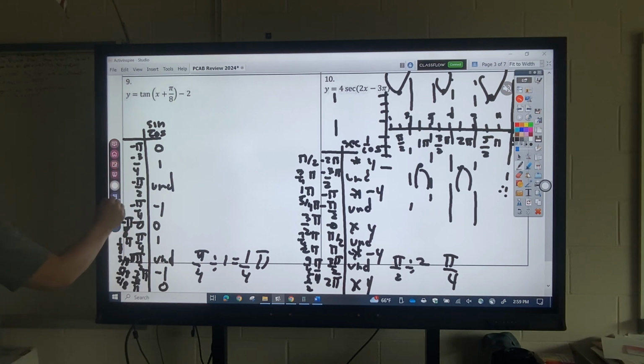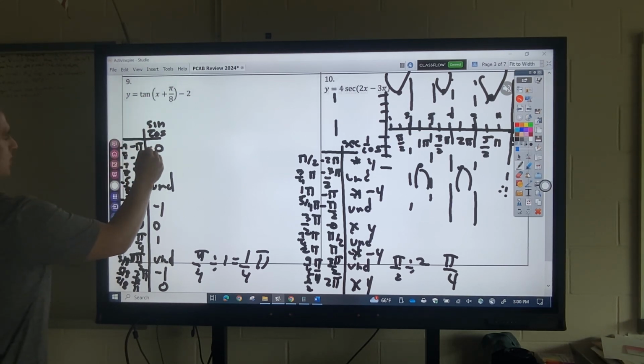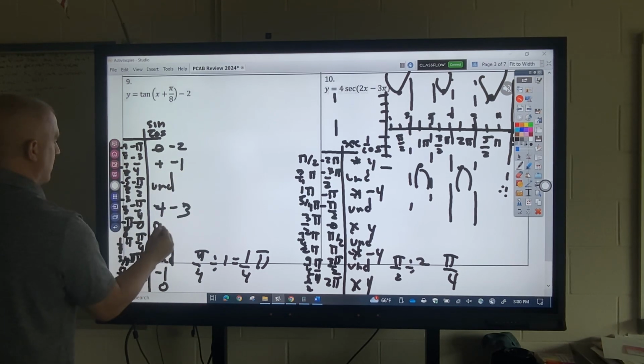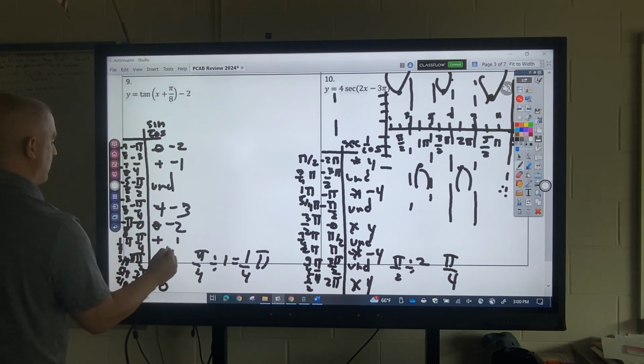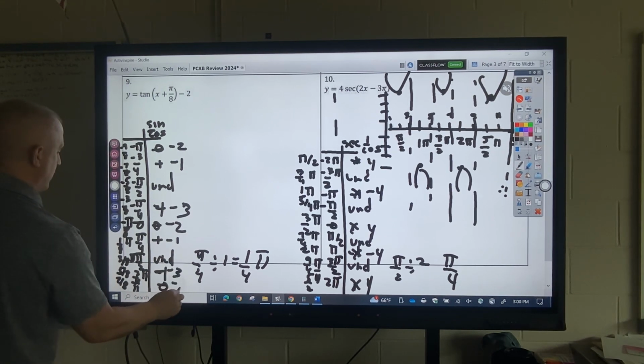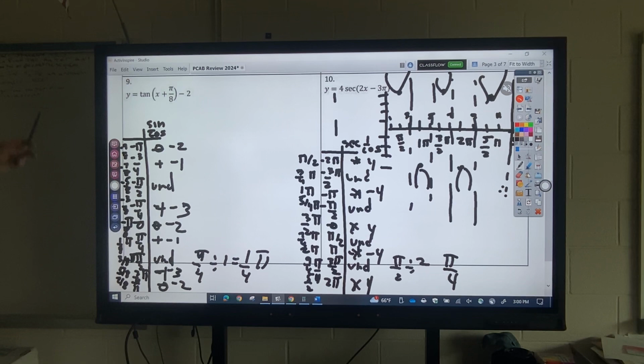Going the other way, that'd be -3/8, -5/8, -7/8, -9/8. I'd also have to subtract 2, so that's going to be -2, -1, -3, -2, -1, -3, -2. Okay, so I'm going from -9/8 to 7/8.